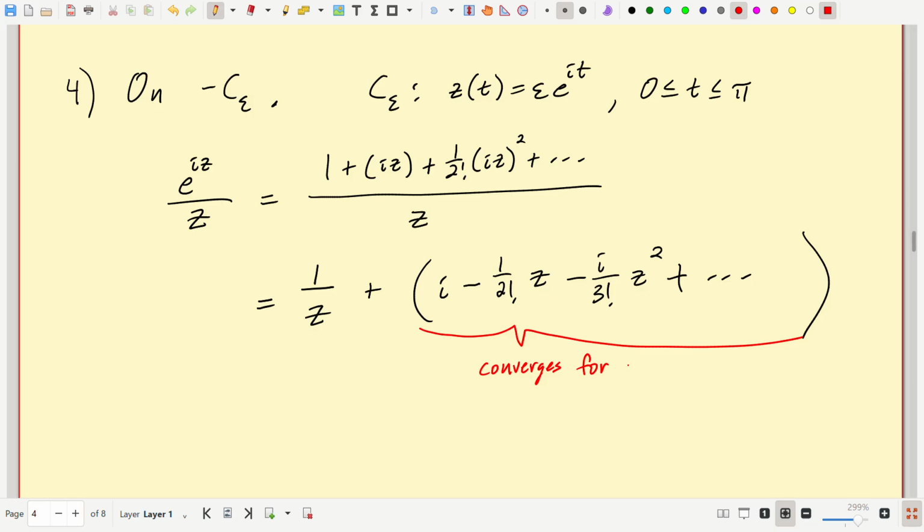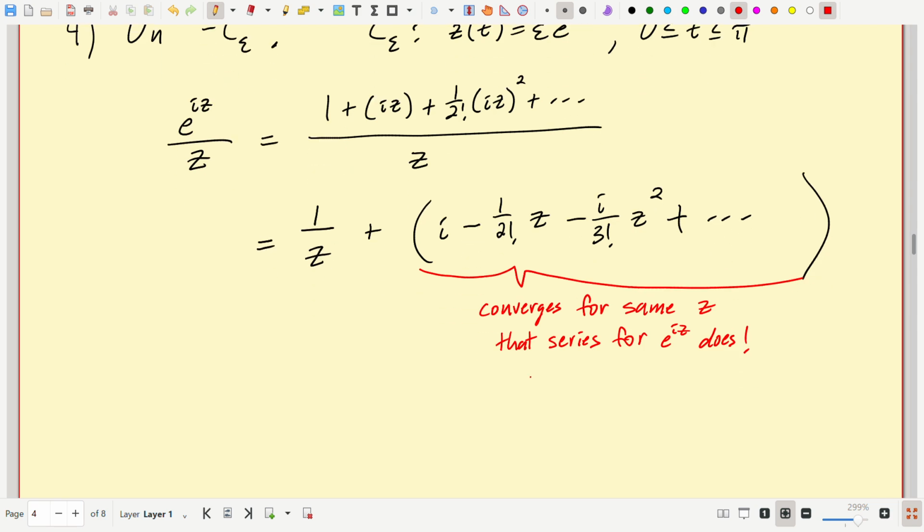This converges for the same z that the series for e to the iz does. The famous series. And so we've done this before. That means that the radius of convergence is infinite. So that's an entire function. Let's call it h of z.